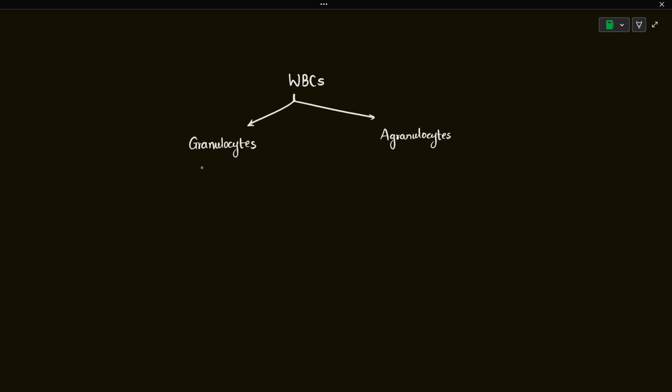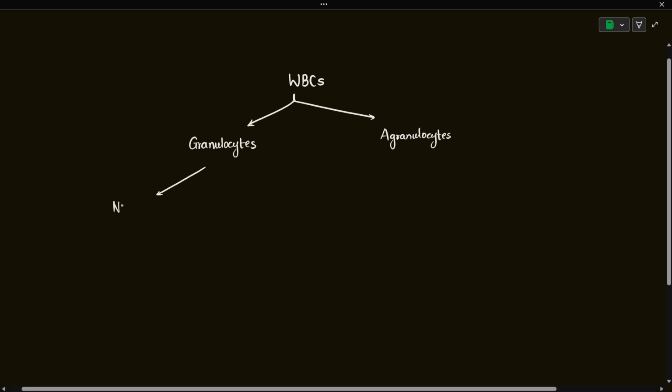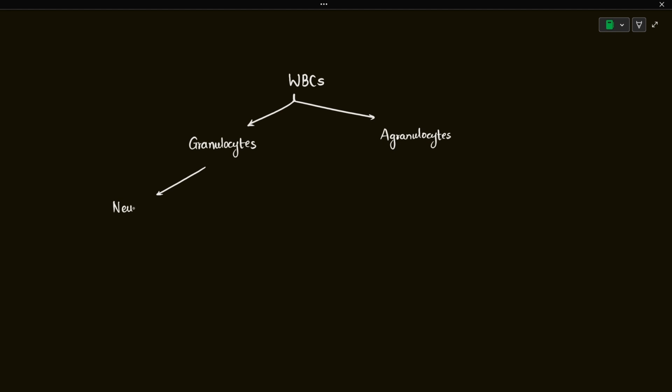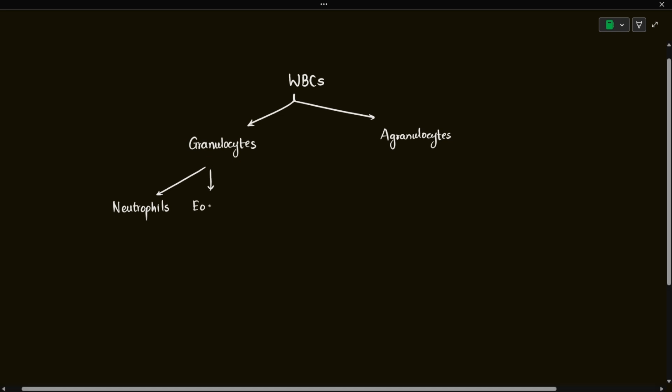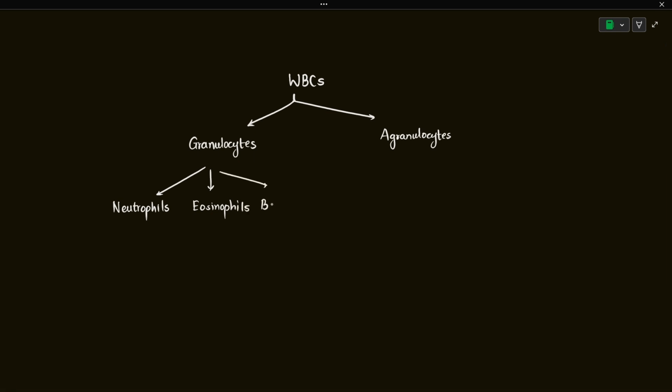Depending upon the morphology or the staining capacities of those granulocytes, they are again divided into different categories. The majority of them are neutrophils, few of them are eosinophils, then the third category is basophils.